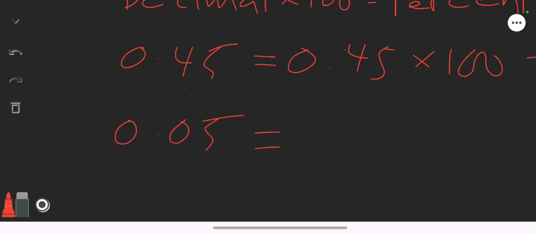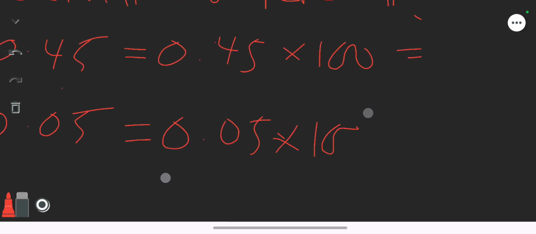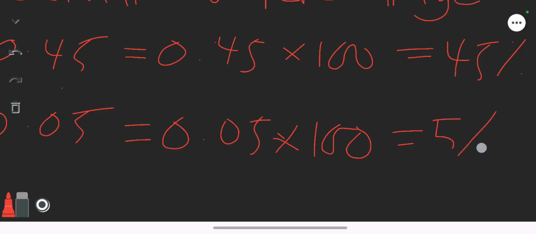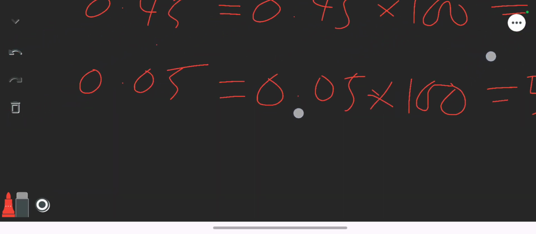Again, we are going to multiply this decimal 0.05 by 100. Multiply by 100, we are going to get 5%. Simple as that.